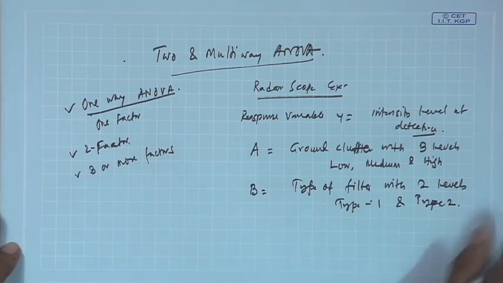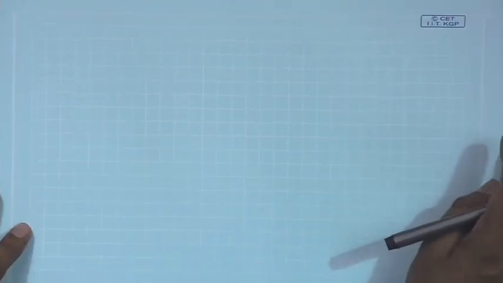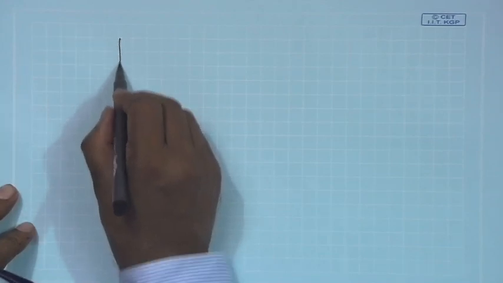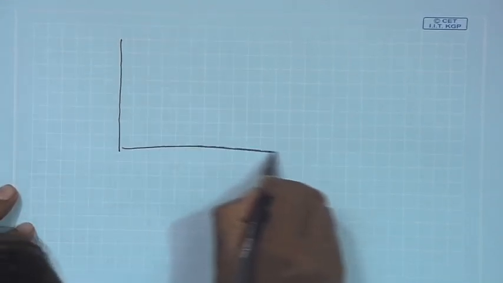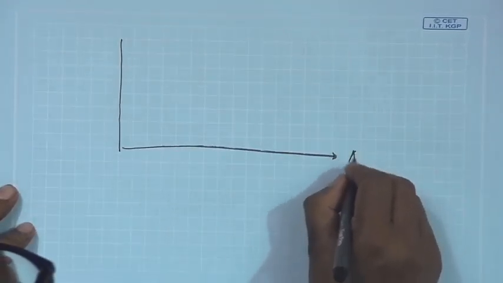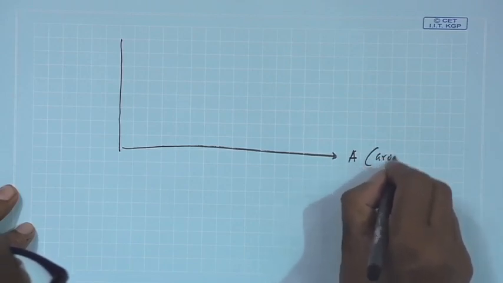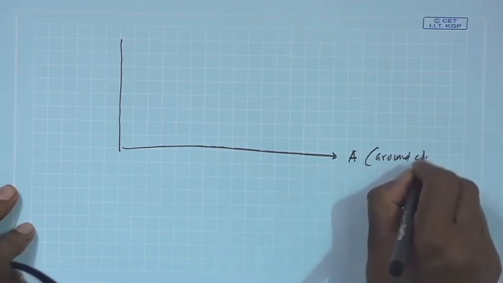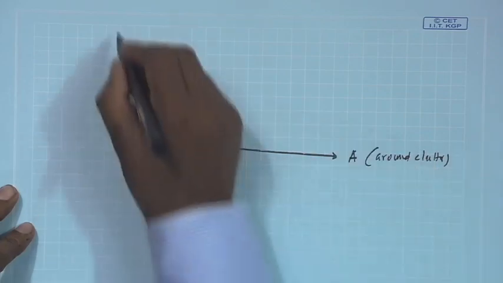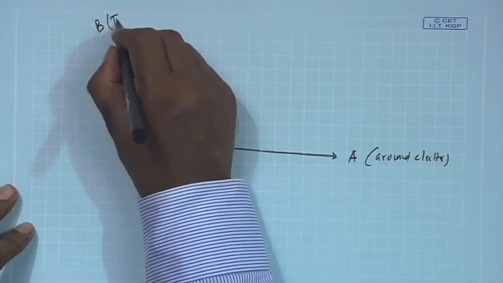So, if you do a random experiment, you have a situation like this. This side is A, ground clutter, this side is B, type of filter.